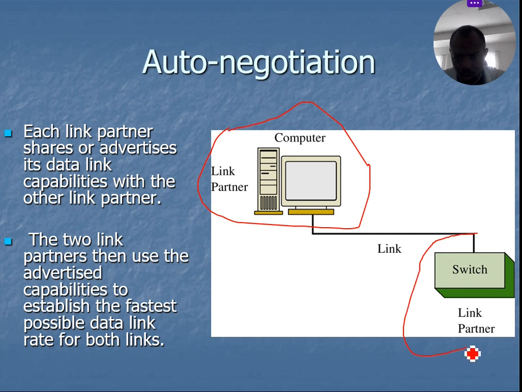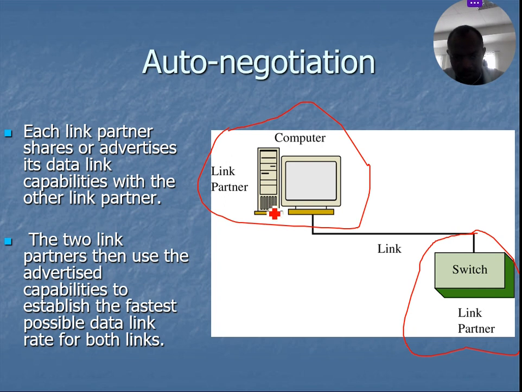Now the switch will also advertise what it has, whether it can support the data capability of this computer, because this computer will advertise its data capability over this link. Every other device on the system, whoever can support whatever this computer has advertised, will respond.